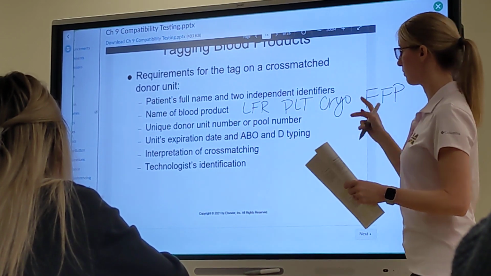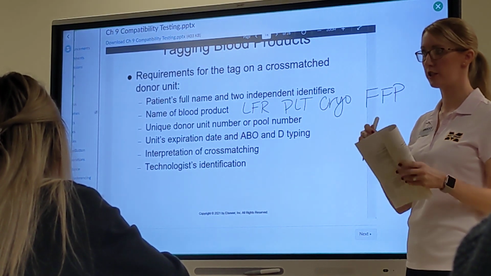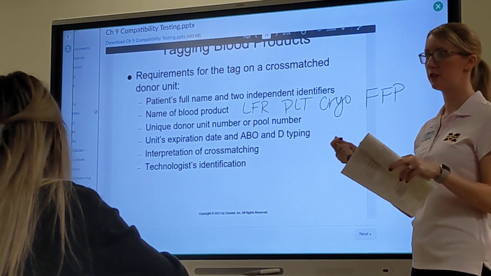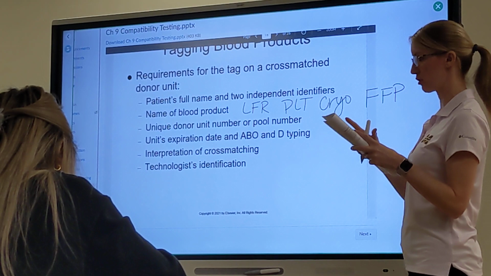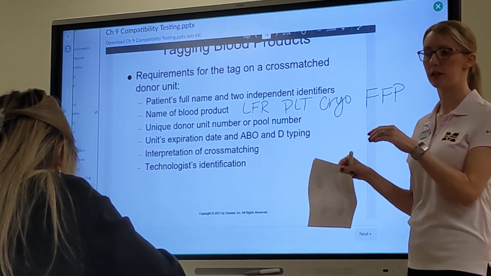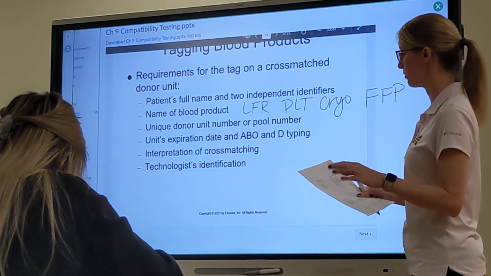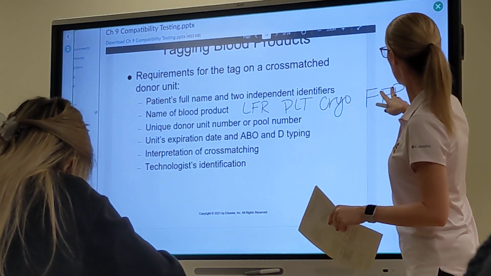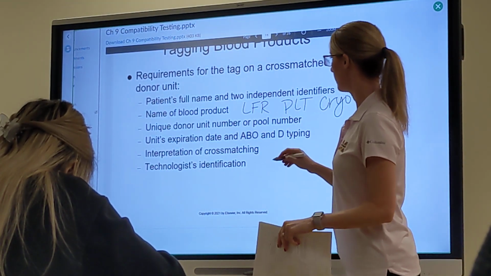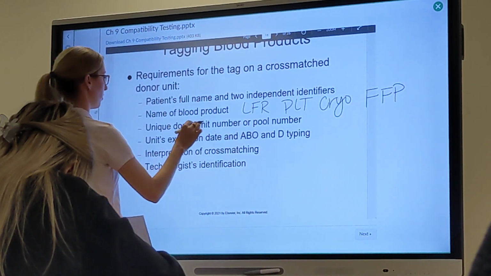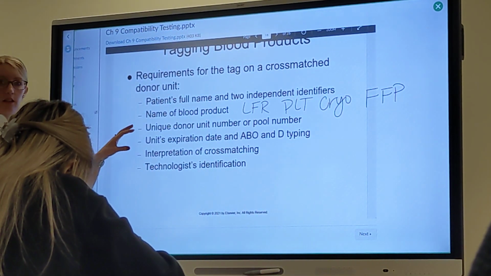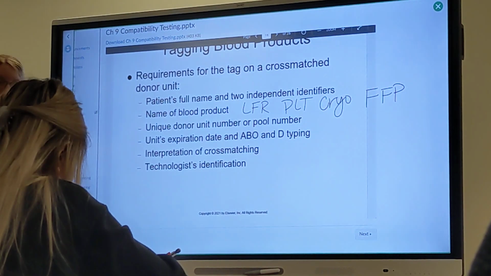And the unit tag, you're gonna stick it on the unit either as a sticker, or some of them actually use printed tags that print off on this typewriter sounding dinosaur machine. That's what we used. You'll attach it to the unit. The unit itself will have the donor number on it, and the tag when it prints off will have it on there.